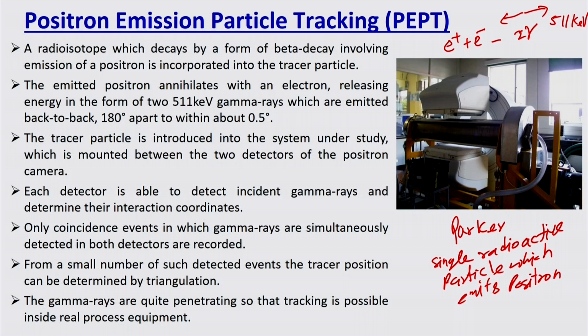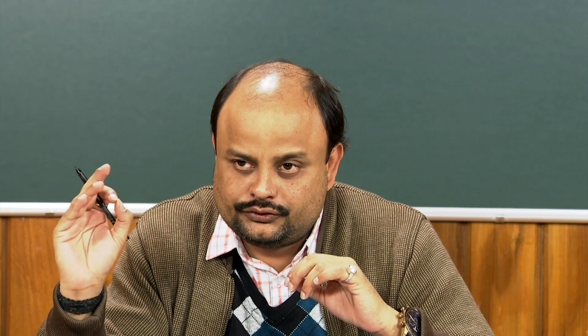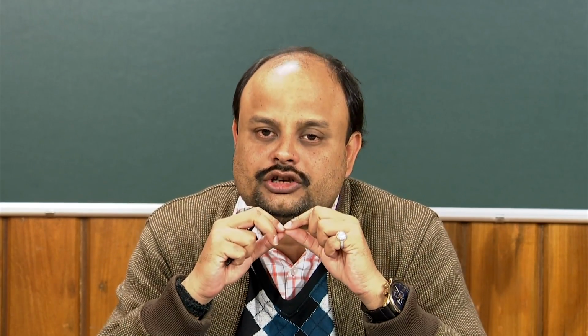So, we are using a solid particle which is a positron emission source. It emits the positron, and the electrons available in or near the system interact with it. Each annihilation generates two back to back gamma rays, 180 degrees apart, of energy 511 keV. So, that is what is being emitted.